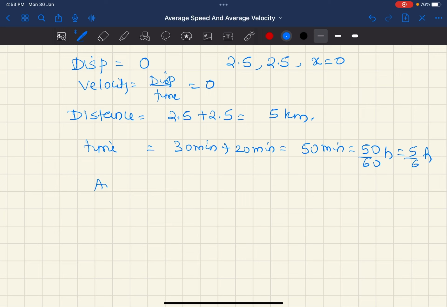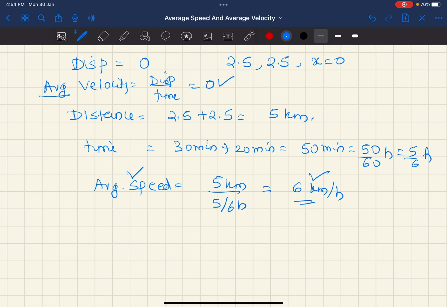So the average speed is total distance upon total time. Total distance is 5 kilometers, total time is 5 by 6 hours. So this gives you 6 kilometers per hour as his average speed. So average speed is 6 kilometers per hour and average velocity is 0.